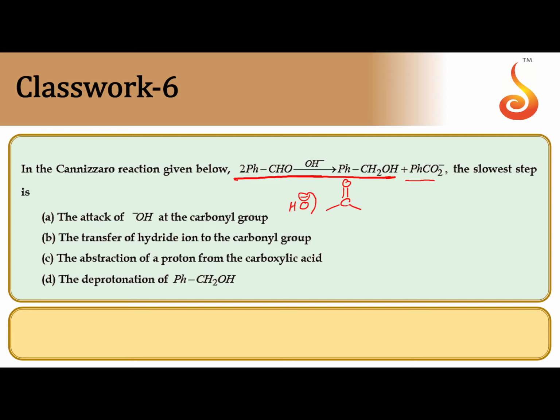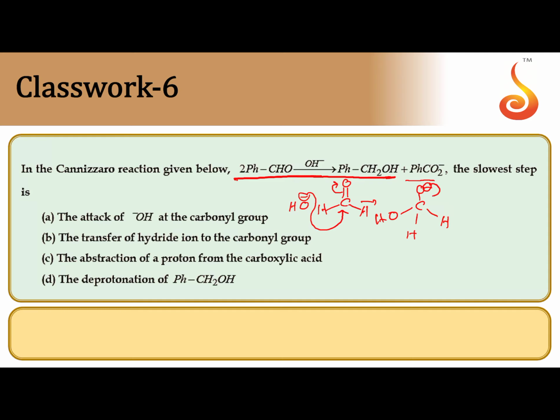Since alpha hydrogen is not there, OH minus attacks the electrophilic carbon. Here OH and two hydrogens are present on the carbonyl carbon, let it be formaldehyde. The O minus, in the next step, what happens?